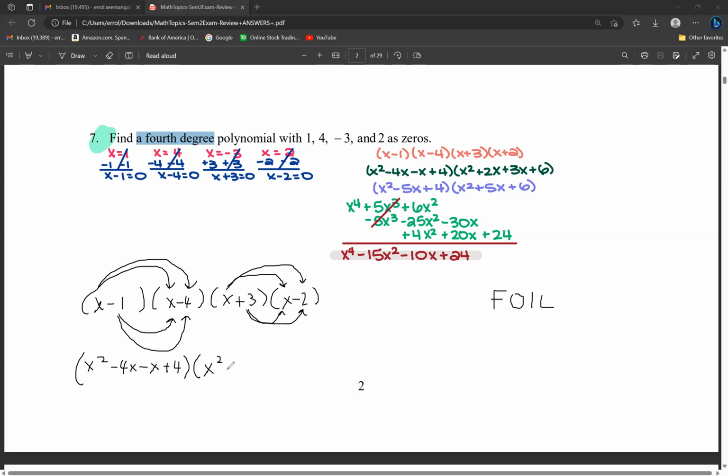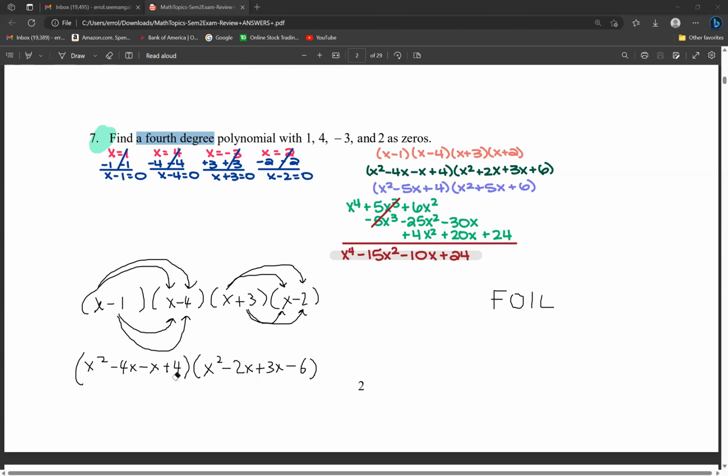Outer is minus 2x. Inner is plus 3x. And the last one is minus 6. Okay, good. Combine those like terms and combine these like terms. Tell me what to write.